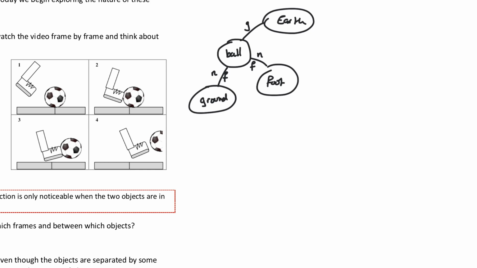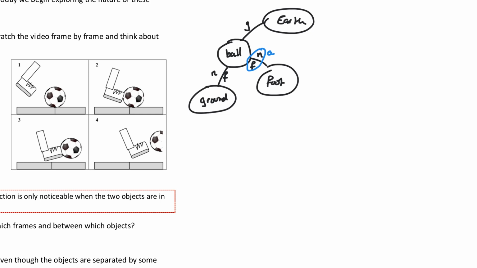Sometimes we combine these and call them applied force. We don't usually call the one from the ground applied force, but the one from the foot is kind of applied to the ball. So sometimes we combine these and say that they're the applied force. But note that whenever we have applied force, we often have a normal and a frictional force.